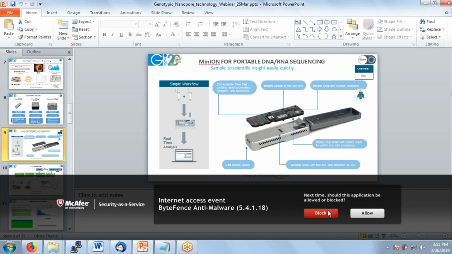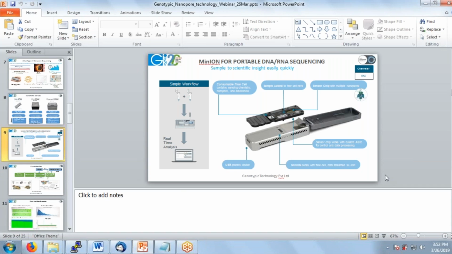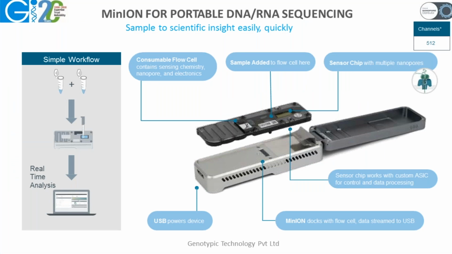Coming to the MinION, which is the smallest of all and can be afforded by anyone. In this slide, you are looking at the MinION, where this is the hardware, and you have a flow cell. The flow cell is the place where the nanopore chemistry works and the sequencing happens.